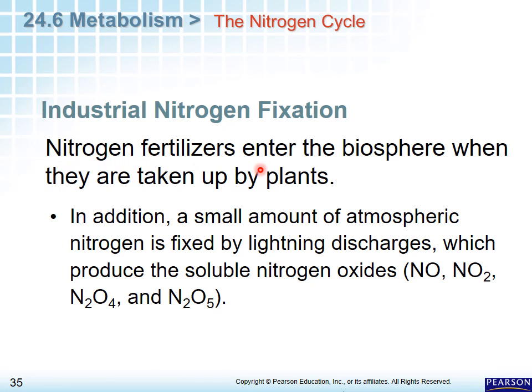So nitrogen fertilizers enter the biosphere when they are taken up by the plants. In addition, a small amount of atmospheric nitrogen is fixed by lightning discharge, which produces the soluble nitrogen oxides NO, NO2, N2O4 and N2O5.